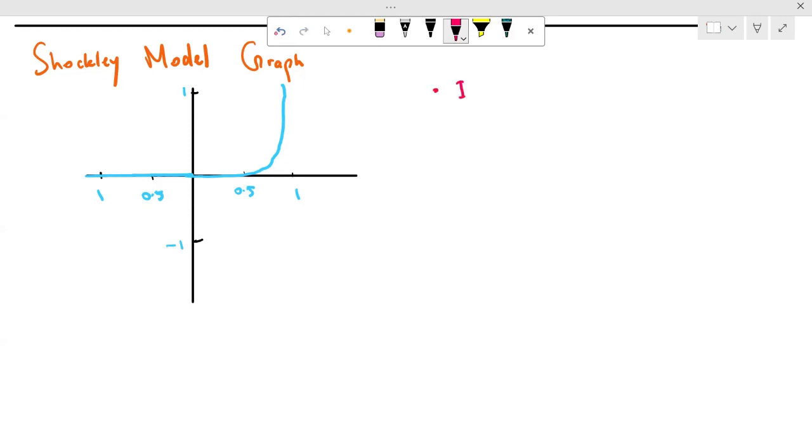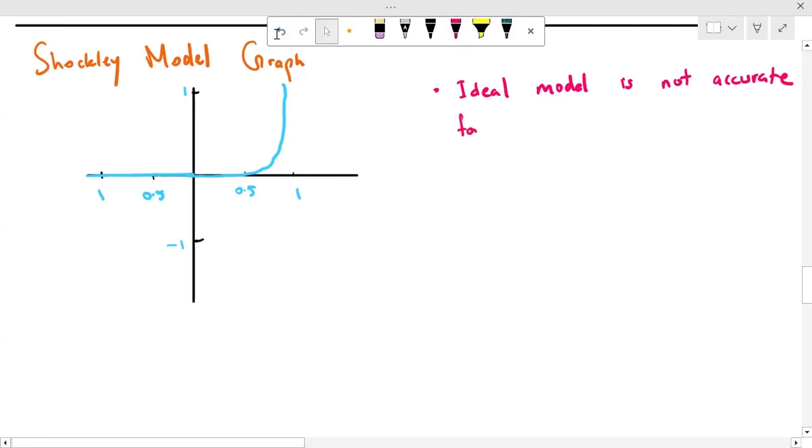The ideal model is not very accurate for forward bias.